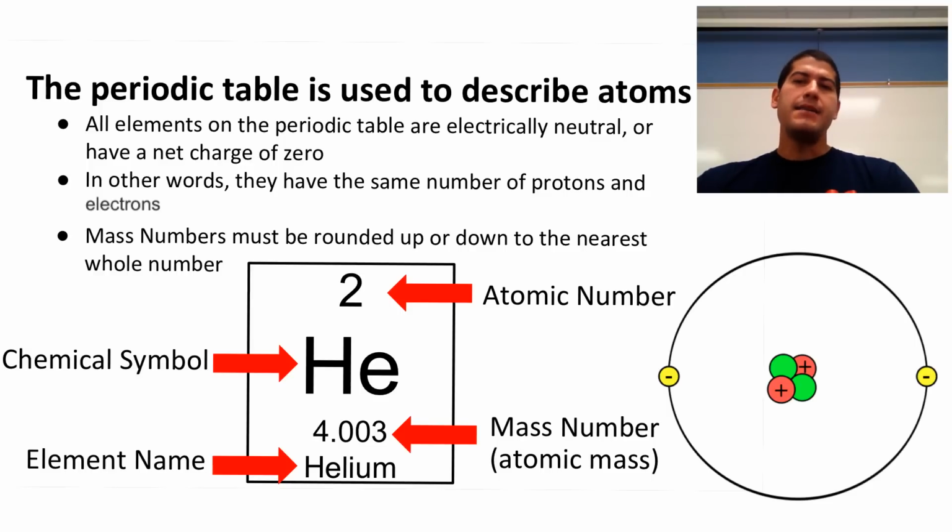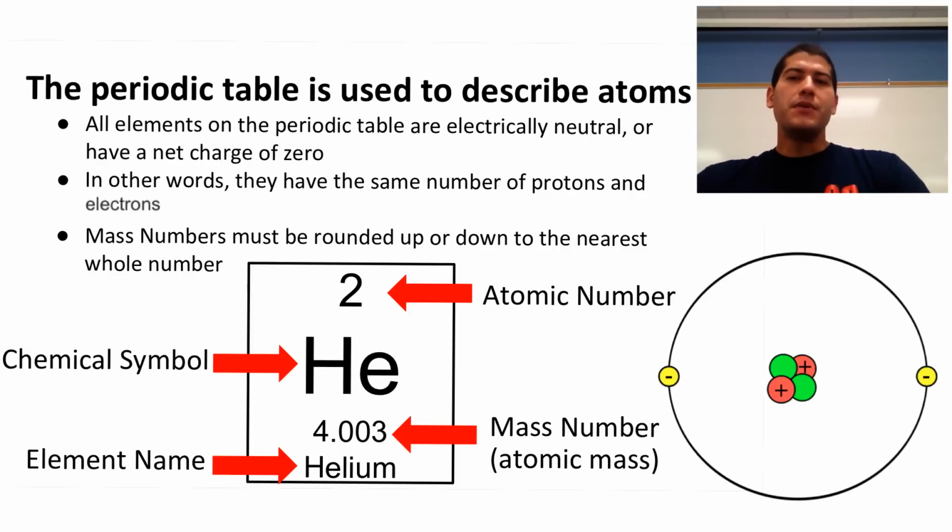The nice thing is, on your reference materials, they're labeled just like the element square on this slide. All you have to do is remember what the atomic number and mass number actually mean. So let's start with the chemical symbol and name, then we'll review atomic number and atomic mass.